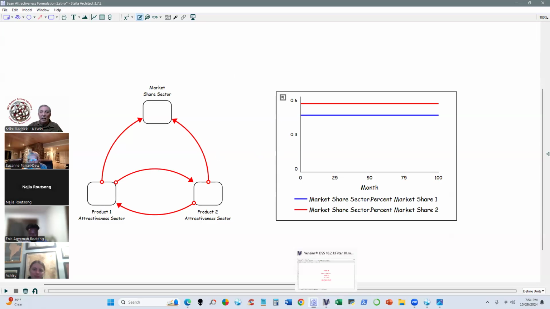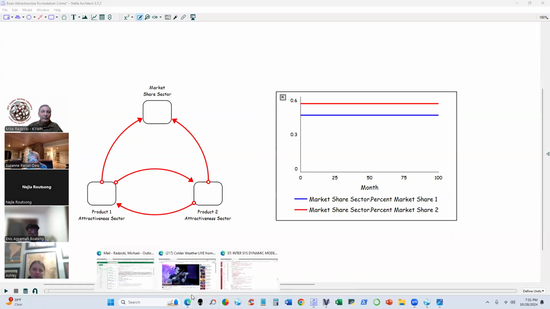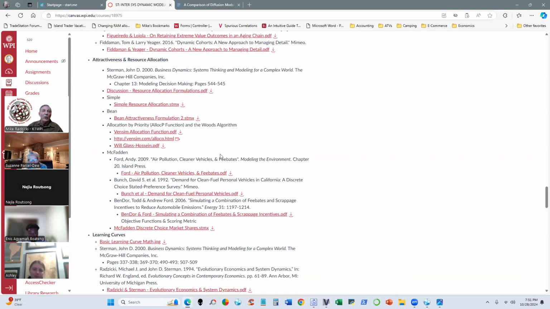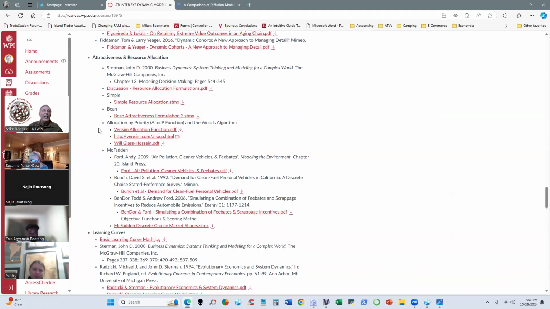Okay, so what else do we have here? So, attractiveness. Then you get into the big arm wrestling match between Dave Peterson, who runs Ventana, who created Vensim. He's one of the pioneers of Vensim. He's a genius. He actually runs it with his wife, Laura Peterson.